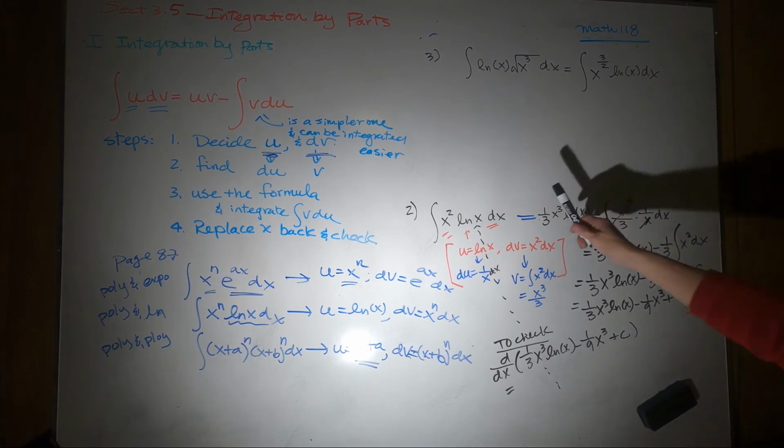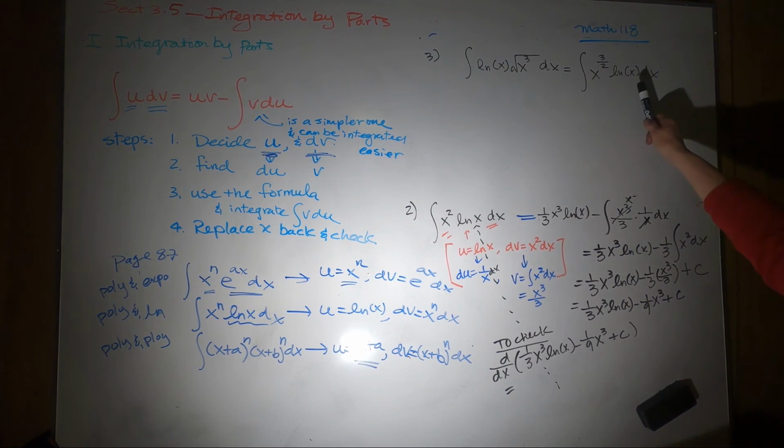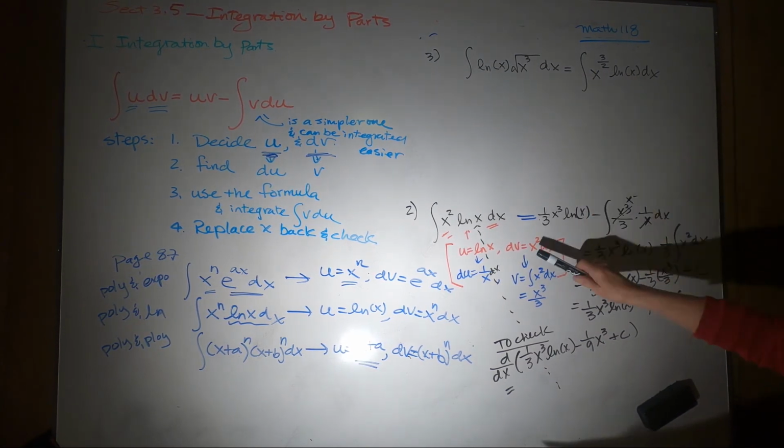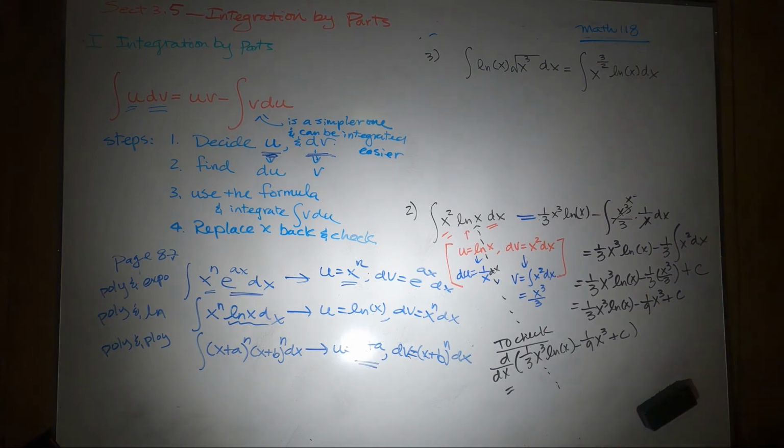So this will be similar to the last one. You will use u as your natural log and dv as this 3/2 power. Then you will do it in a similar way.